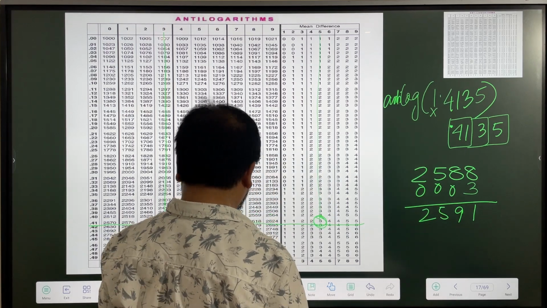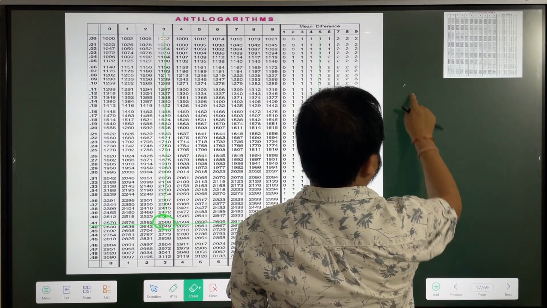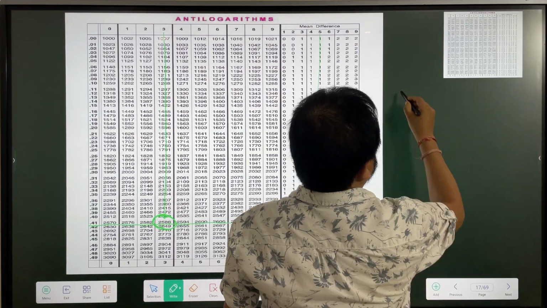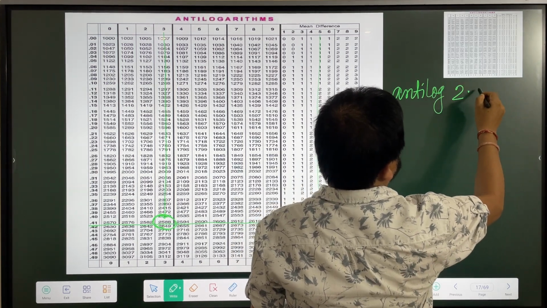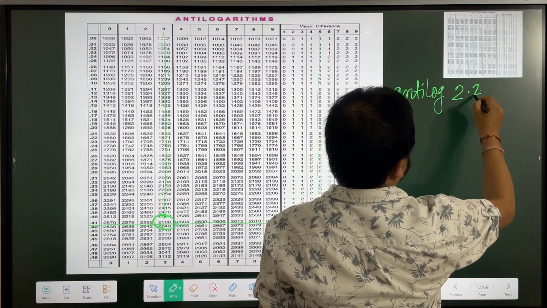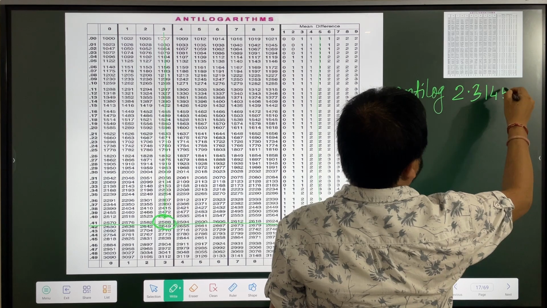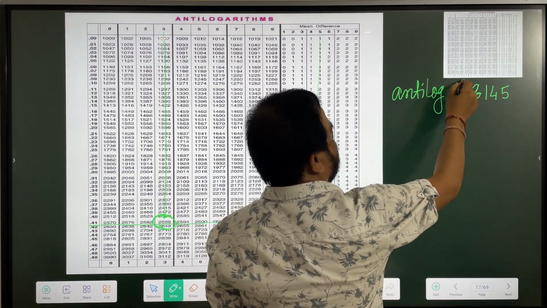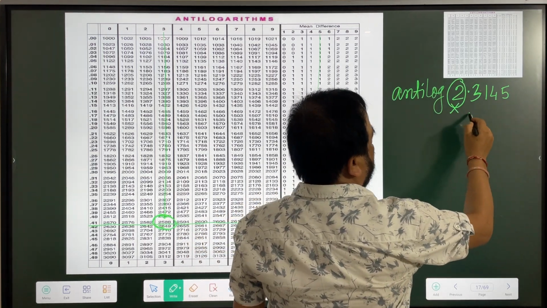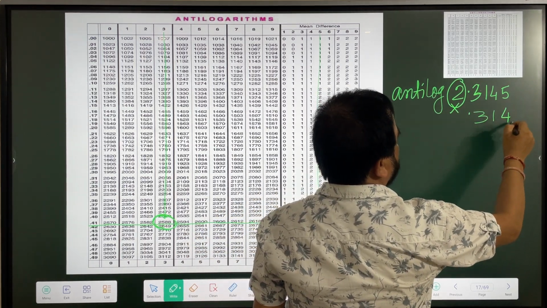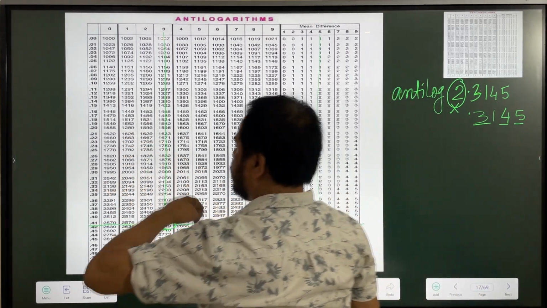I will explain one more example, then you will understand properly. Antilog of 2.3145. So the characteristic is 2, so we have to neglect this one. Our relation is with 3145. So where is 31? We will see now.